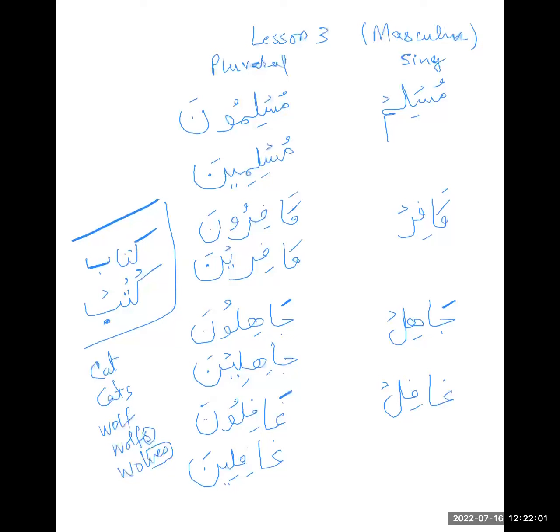So English is similar. Not all plurals follow the same pattern, right? So if you have taken the screenshot, then I'll clear and we'll move on to the next one. Okay, lesson number 4.